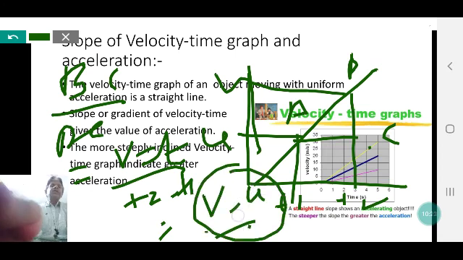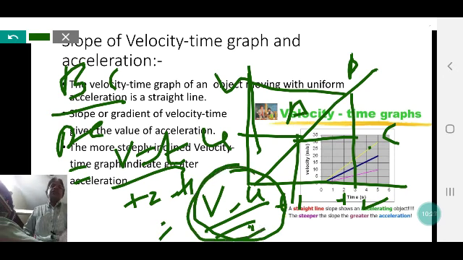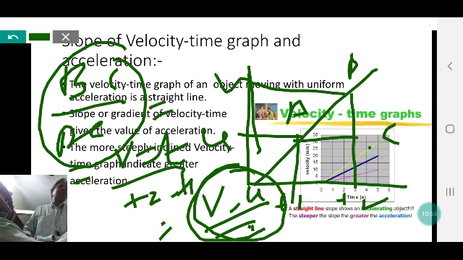This is the change in velocity by time, the rate of change of velocity. BC by AC is the slope of the velocity time graph, and that gives the value of acceleration.